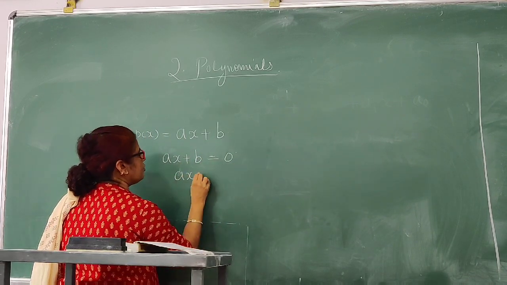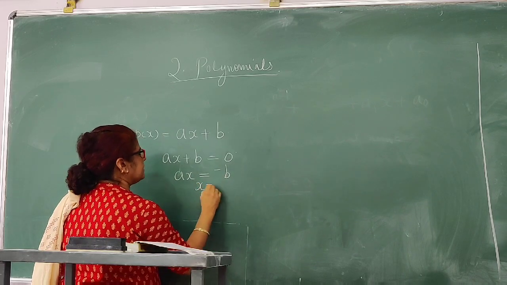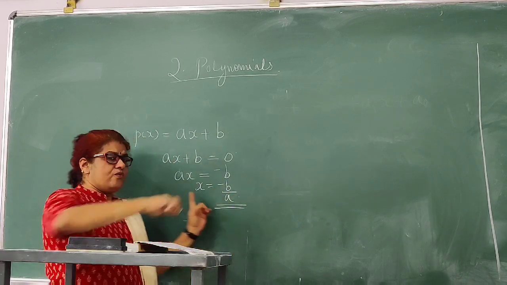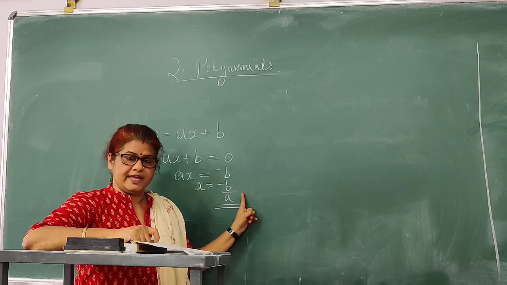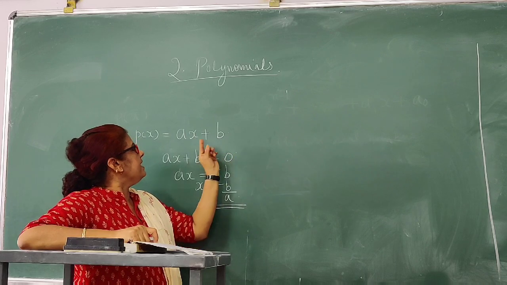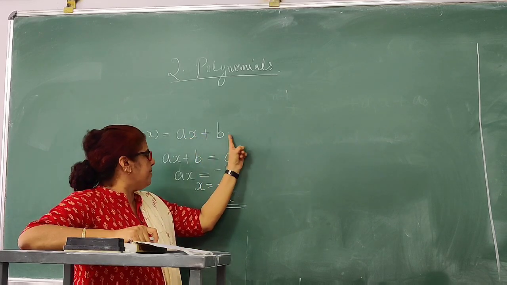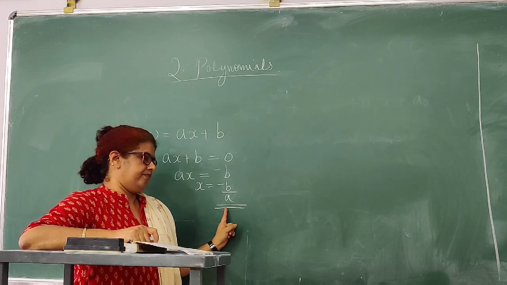Ax plus b equal to 0, then we can write ax equal to minus b and x equal to minus b by a, which is known as the zero of this linear polynomial. That is, the zero of a linear polynomial in x, ax plus b, is given by minus b by a.